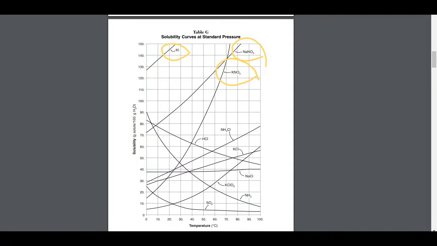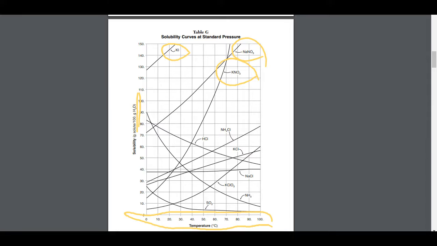So it's not the generalness of the last reference table. This is more specific. Not only is it specific as far as the solute, it's specific in terms of the temperature here on the x-axis and in terms of the amount of water that any of these solutes will dissolve in, which is 100 grams of water.